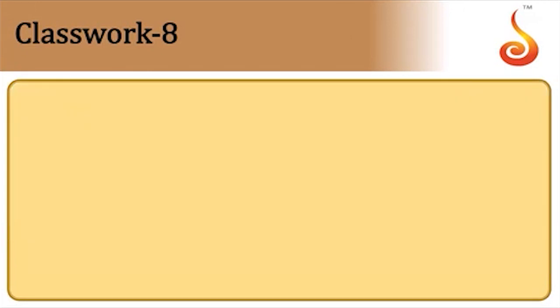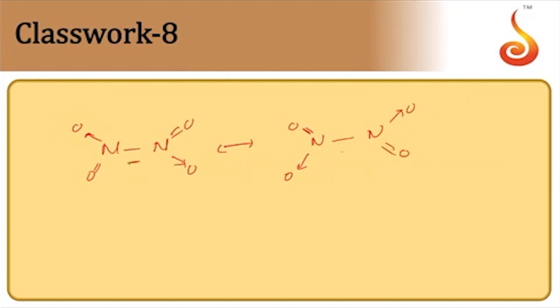The structure of N2O4 will be N with a double bond O and a coordinate covalent bond O, and on the other N, a coordinate bond O and a double bond O. There are resonating structures. So the N-N bond will be a weaker bond, and all the N-O bond lengths will be equal because of resonance.